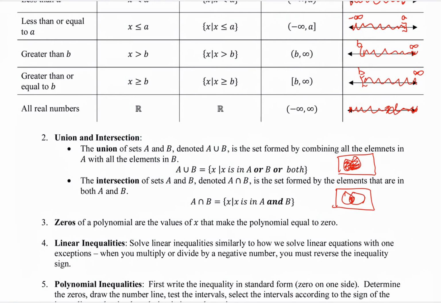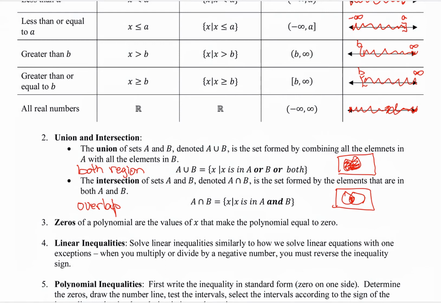Okay? So when I talk about a union, I'm talking about both regions. And when I talk about intersection, I'm talking about the overlap. All right?